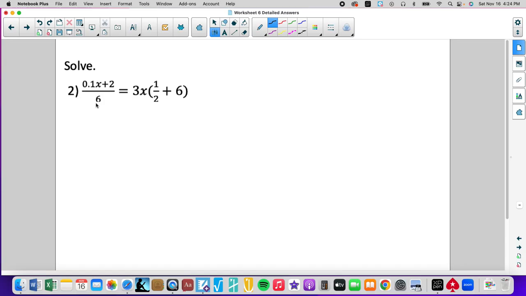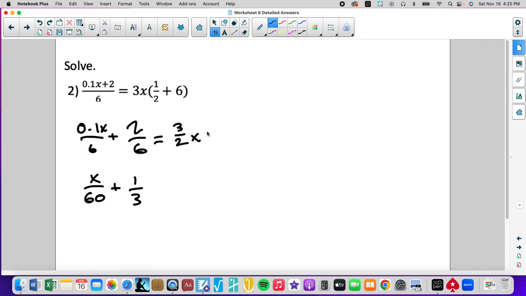We can again put that 6 under both of the terms. We can separate it and write it like that. That'll give you x over 60, because we moved the decimal point, and this is 1/3 equals, this is going to give you 3 over 2x plus 18x.